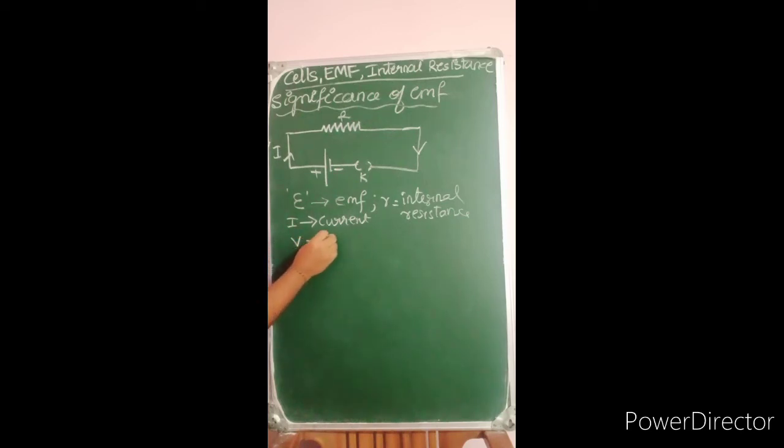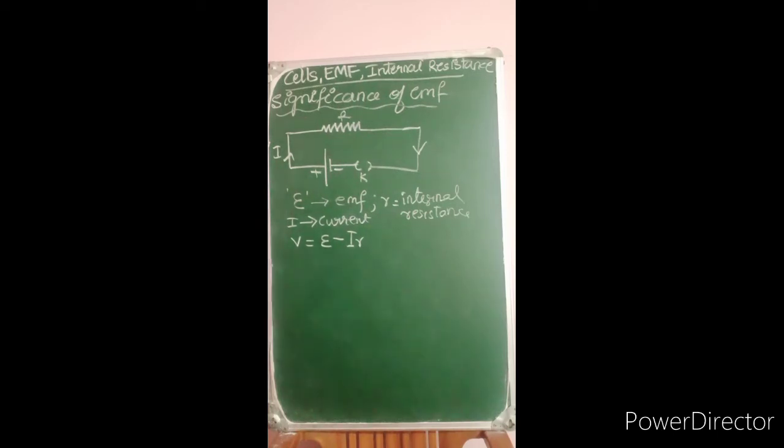V is equal to E minus Ir, because the potential difference across the resistance R is taken as the sum of the potential difference across the terminals in the open circuit. We are considering the negative sign here because the current flows from negative terminal to positive terminal.